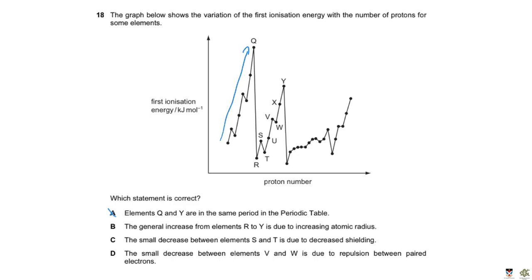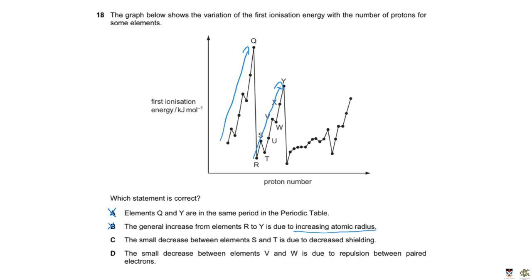That is not a correct option. The general increase from elements R to Y is due to increasing atomic radius. As we go from R to Y, there's an increase in first ionization energy. That is correct, but it's definitely not as a result of increasing atomic radius, because we know the atomic radius actually decreases as we go across a period. That is not correct either.